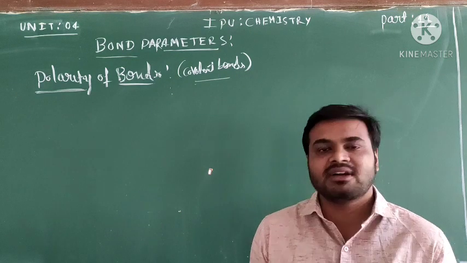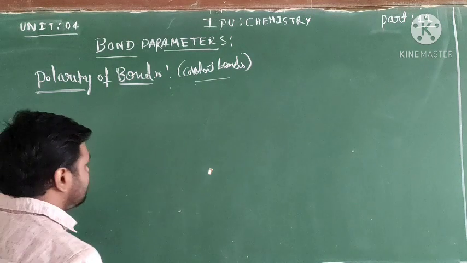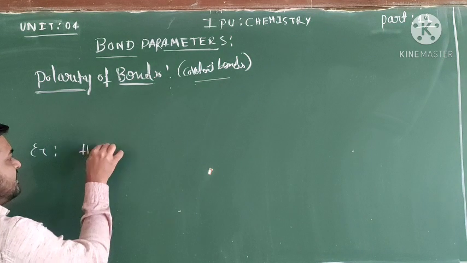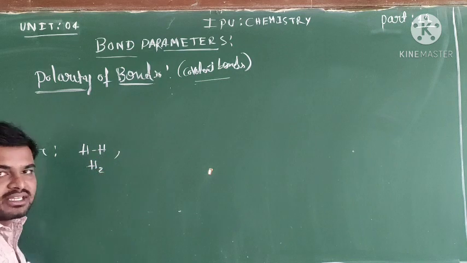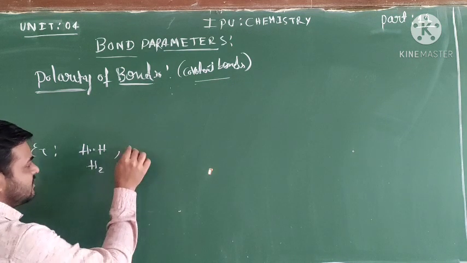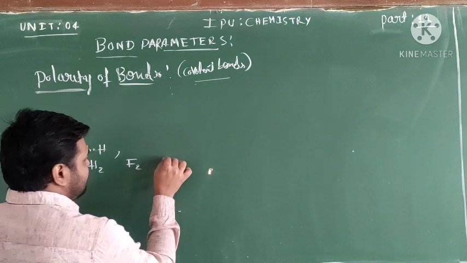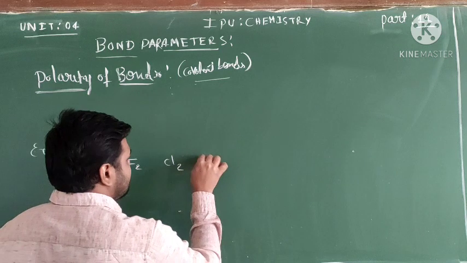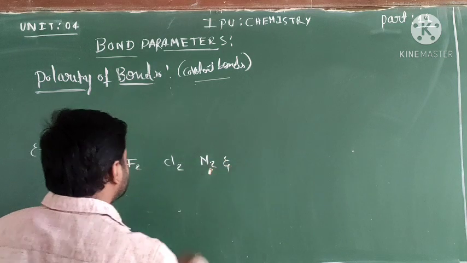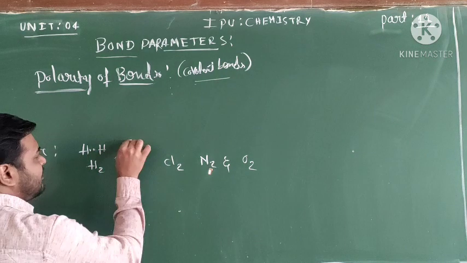Homonuclear atoms means same atoms. For example, X and X, the H2 molecule. So how do they share their electrons? Then the F2 molecule, Cl2, N2 and O2.